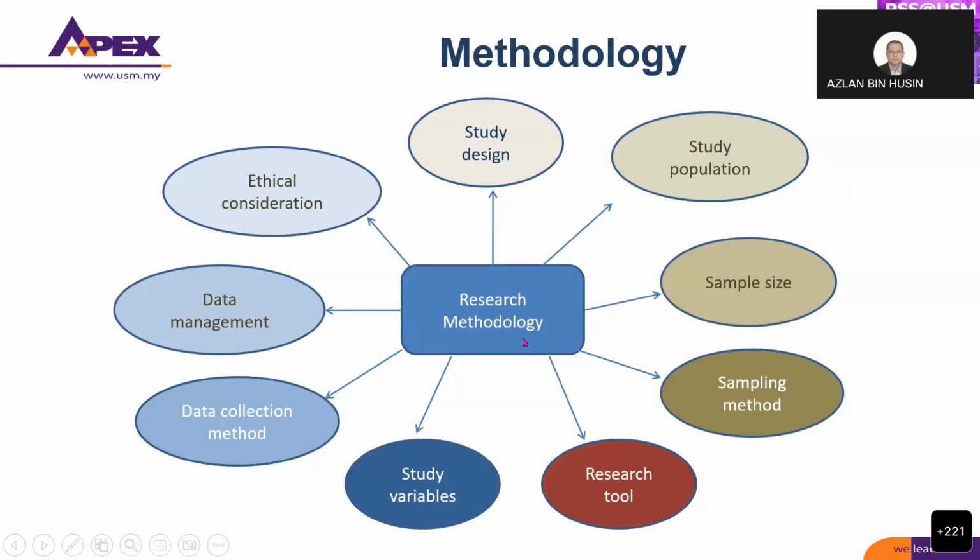This is an example of how you look at different components when you plan your research methodology. You have to be relevant to the study design, study population, and the sample size required. How do you sample your participants if you have more than enough than the potential number that you need?